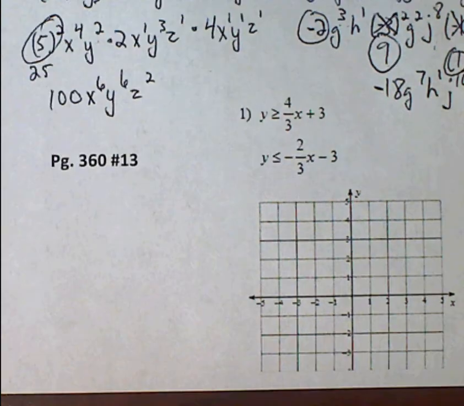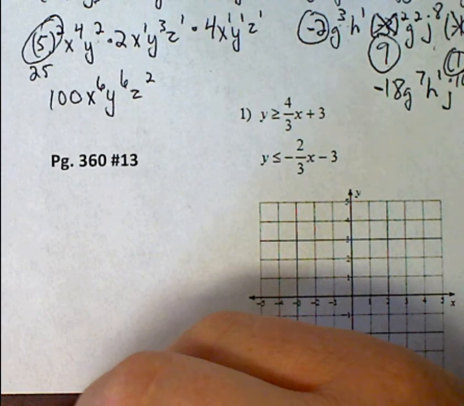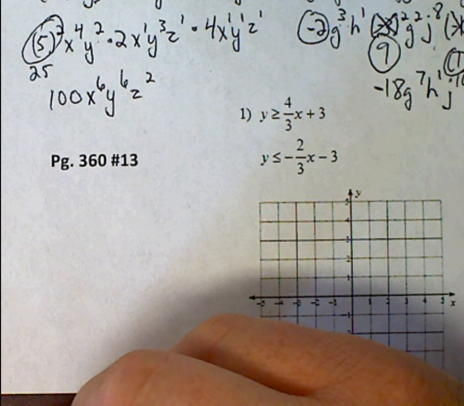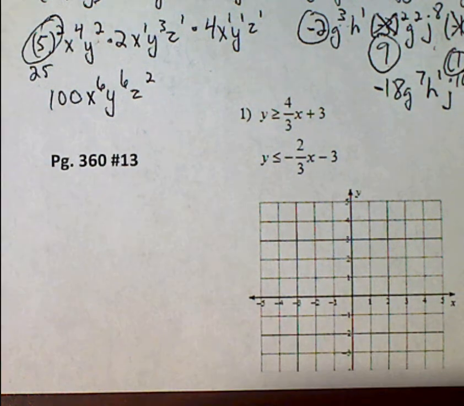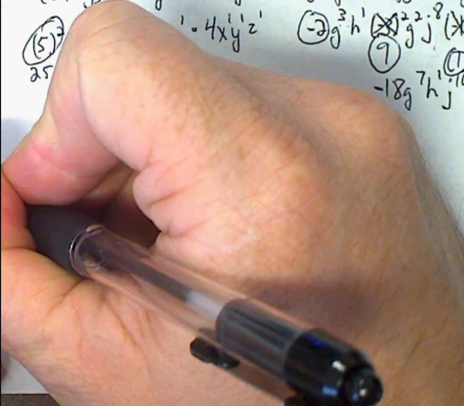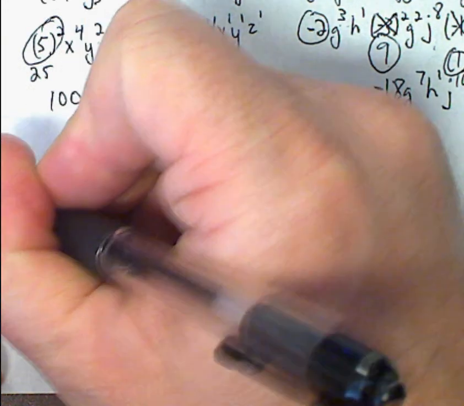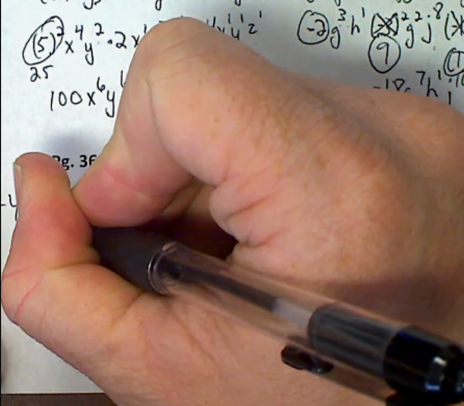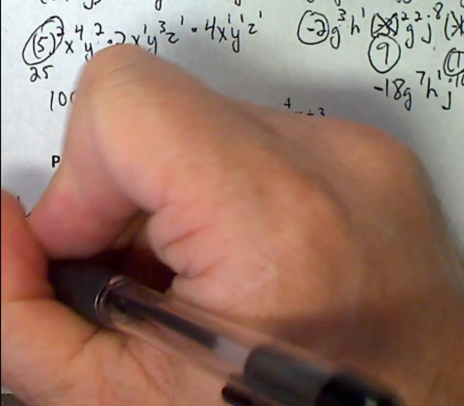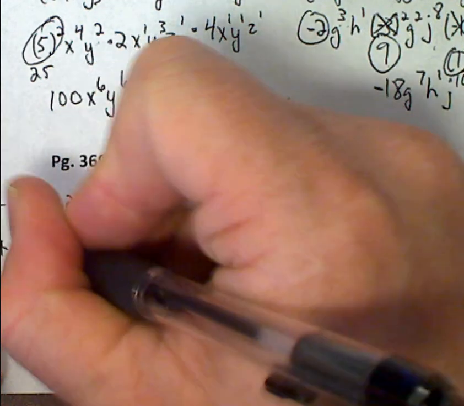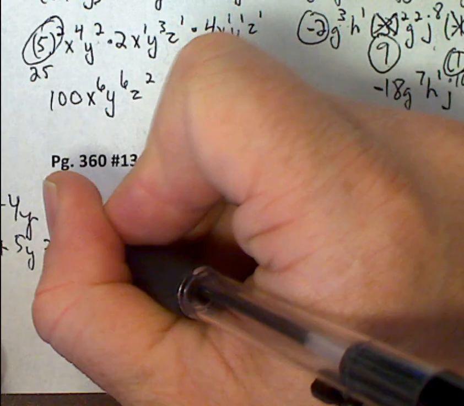Page 360, number 13. Use elimination. 3x plus 4y equals 29. 6x plus 5y equals 43.